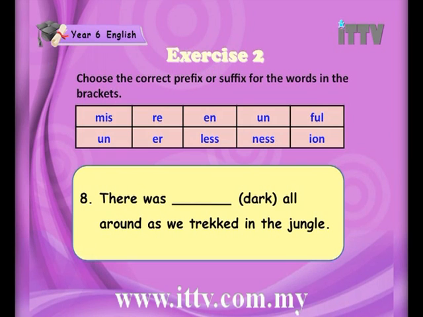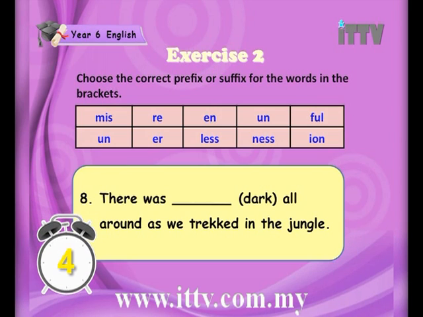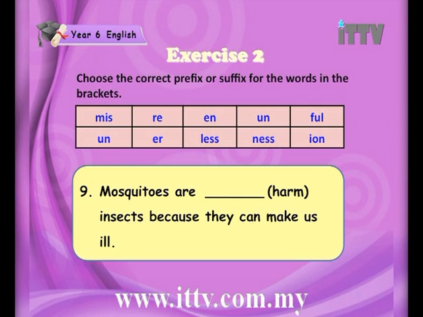Number 8. There was dark all around as we trekked in the jungle. Number 9. Mosquitoes are harm insects because they can make us ill.